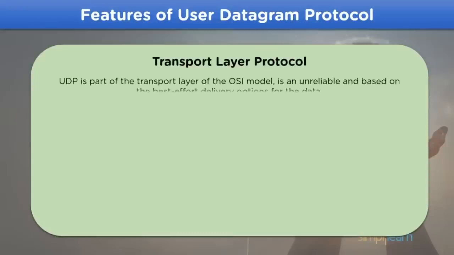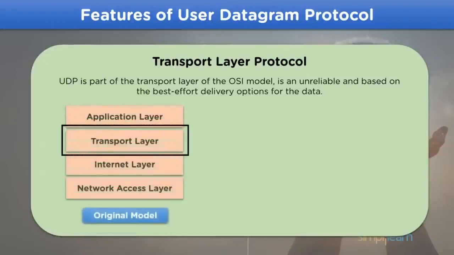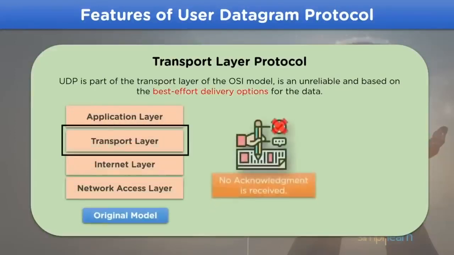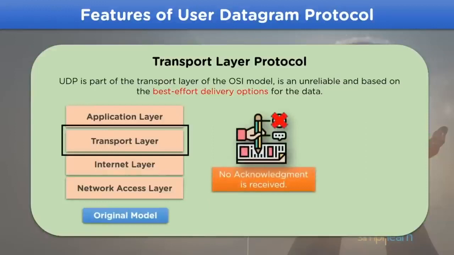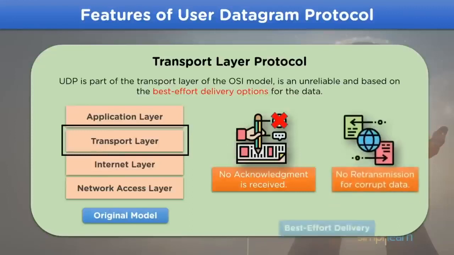That is, the UDP model is a transport layer protocol of the OSI model and is used to deliver best effort delivery options for the data transmission, where the best effort delivery option means that the protocol does not provide the sender with any acknowledgement from the receiver side for the data transmitted, nor does it provide any guarantee of data transmitted to the receiver side.